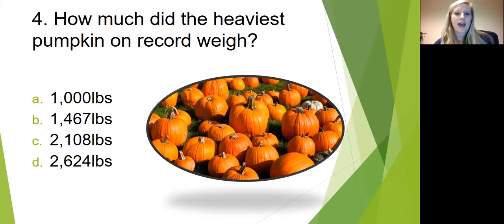How much did the heaviest pumpkin on record weigh? Was it A, 1,000 pounds, B, 1,467 pounds, C, 2,108 pounds, or D, 2,624 pounds?